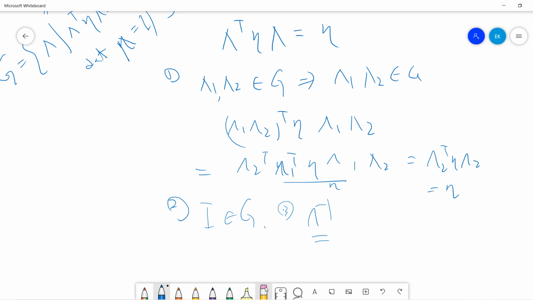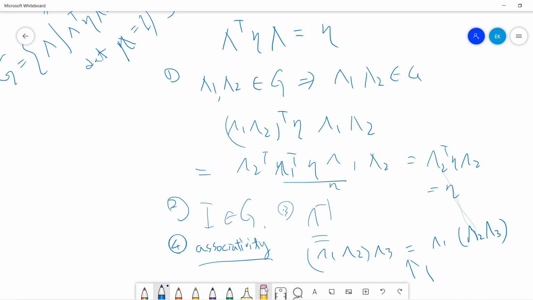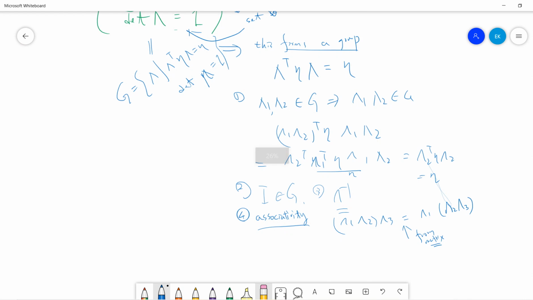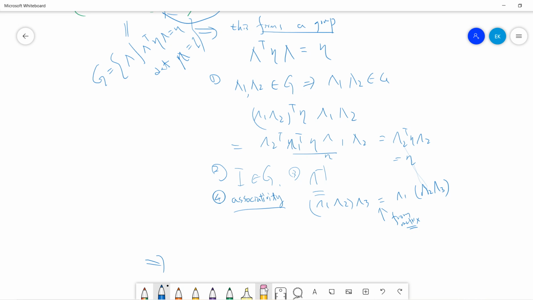Okay, the final one is the associativity. So this is from matrix algebra, right? This is the original matrix, and matrix multiplication has associativity. Okay, so combining all of this, we know that all the Lorentz transformations form a group.